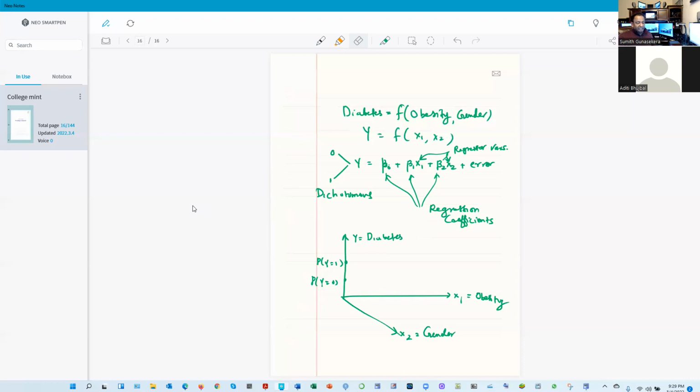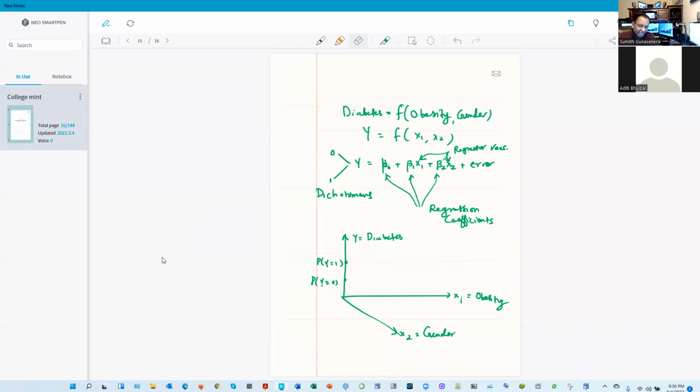If you have something like that, we used to draw a plane, not a line, because of the 2-3 dimensions. But here we don't go to the plane. We tackle this in a different way. Probability y equals 1. Each and every individual, you go ahead and check.